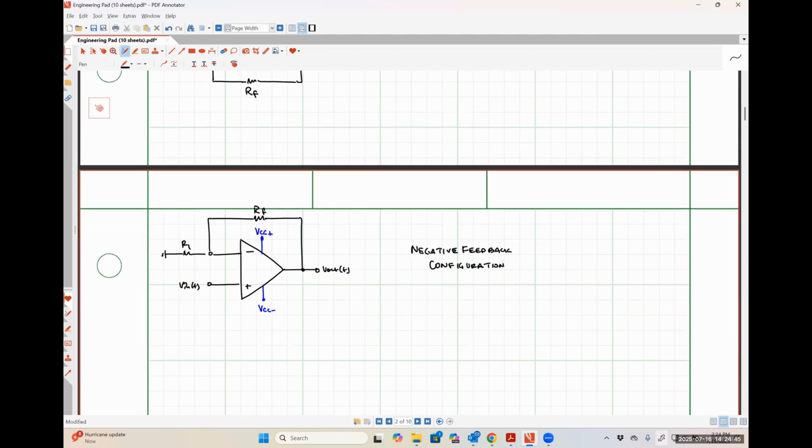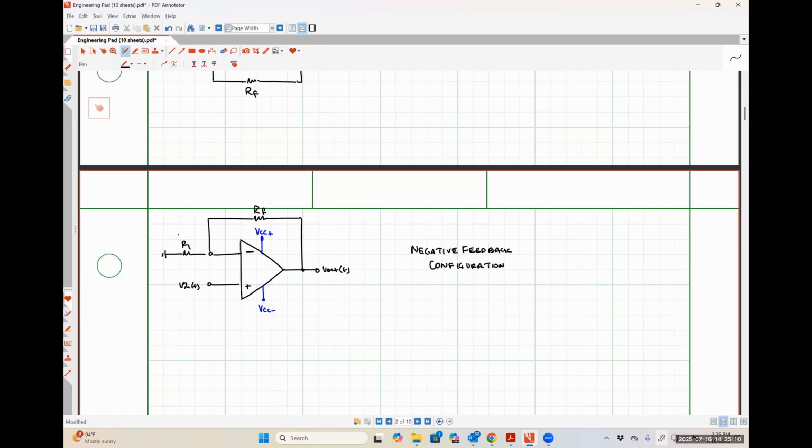And then in a negative feedback configuration, our output is connected through, again, some conductive path, resistor, capacitor, inductor, or wire, directly to the inverting input terminal. And this negative feedback configuration is how the overwhelming majority of mathematical operations are carried out using op amps.